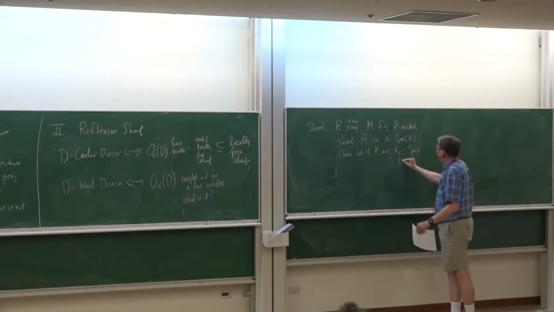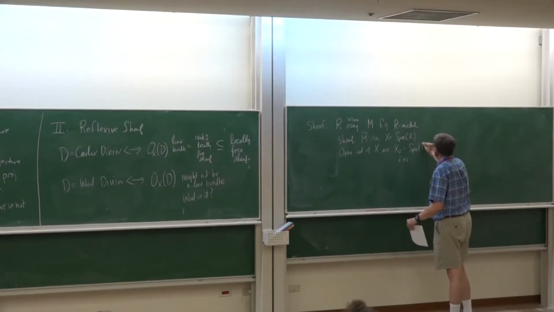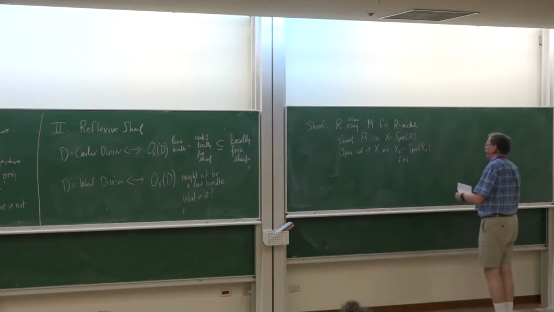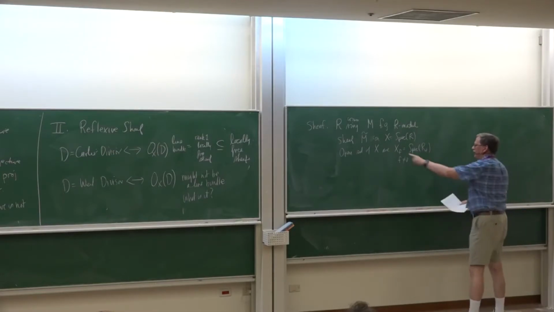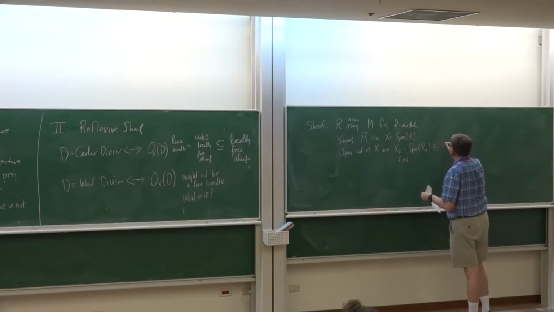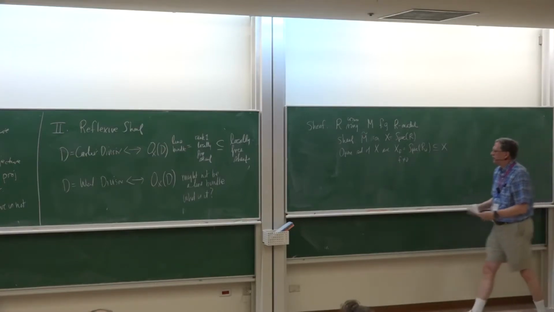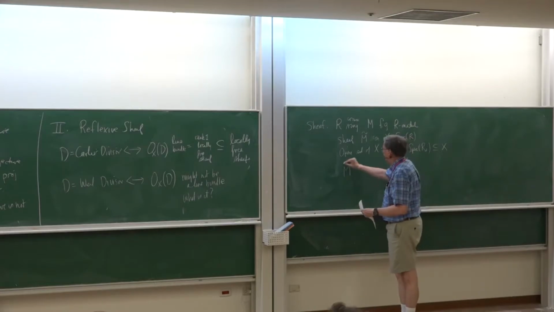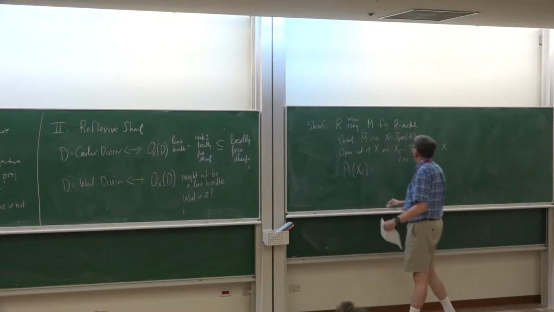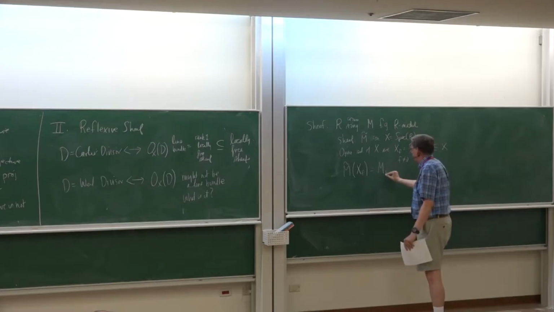But the idea is if I take a non-zero element f of R, and just to make life simple, I just take a localization. Remember, this is basically the open subset where f is non-zero. So we get this open subset, and the values of this sheaf on this open set, well, I can localize rings, I can localize modules, so it's just M localized at f.